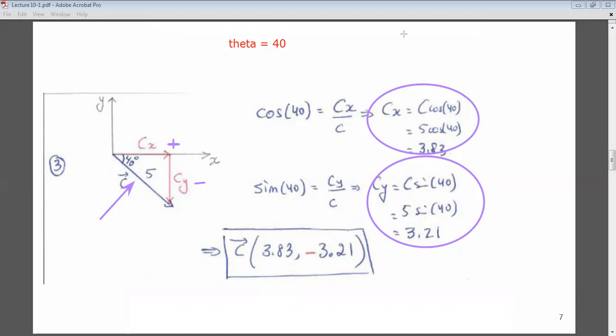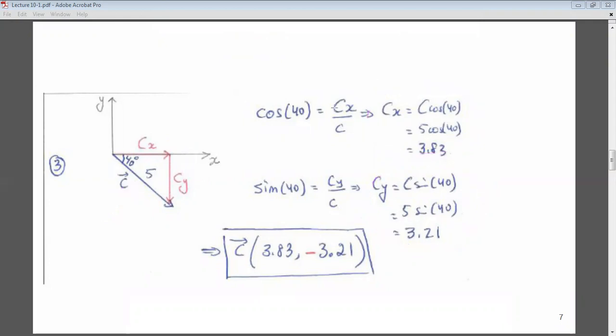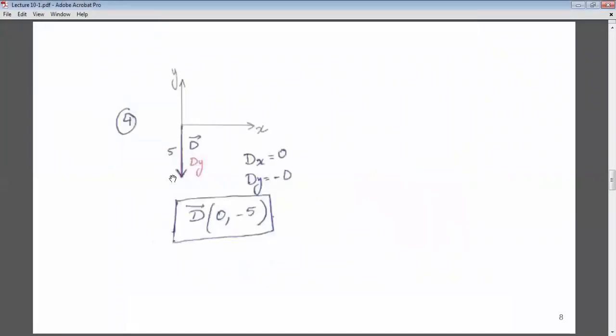Let's take another example, vector D, 5 as well. DX, it is how much I go along the x-axis. How much do I go along the x-axis in order to reach the tip of vector D? It is 0.